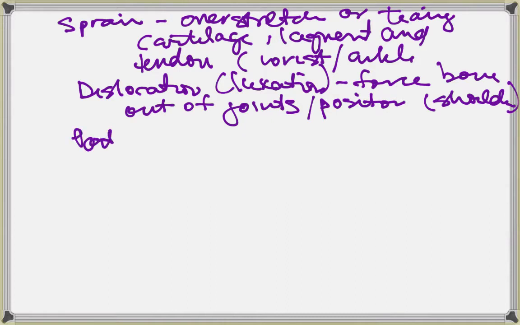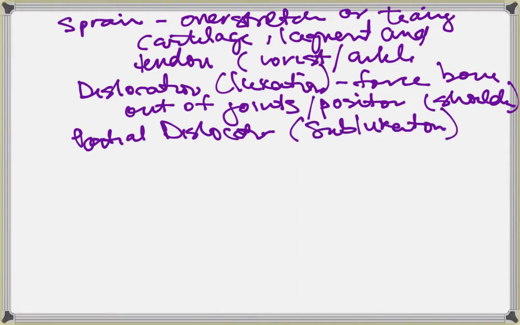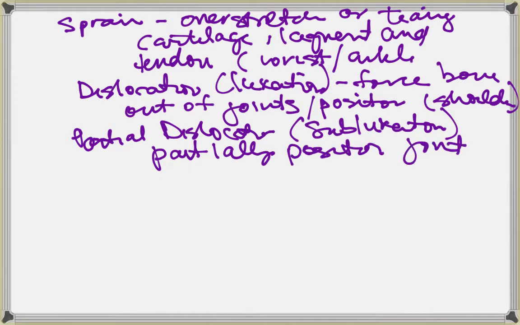Partial dislocation, or what's known as a subluxation, is when they partially come out of location. And this is common for the radius or the vertebrae.